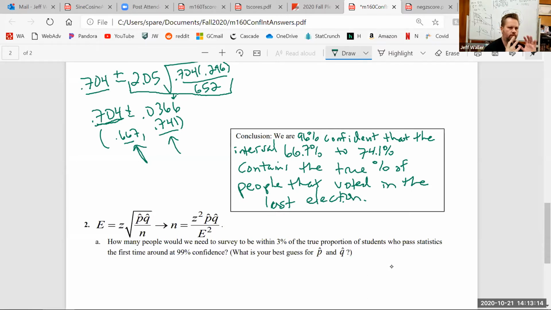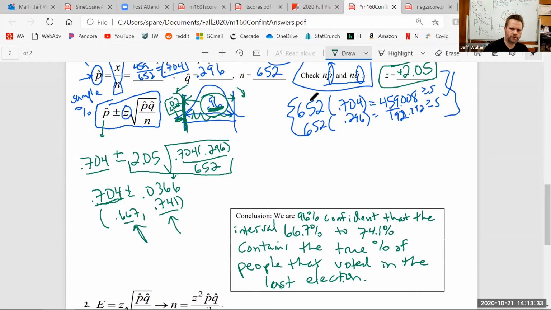So it's very familiar. It has a very similar feel to the confidence intervals for the mean that we did last time. It sounds a lot the same. The work feels kind of the same. It's just that the check is different. It's not just n greater than 30 anymore. That's not good enough.